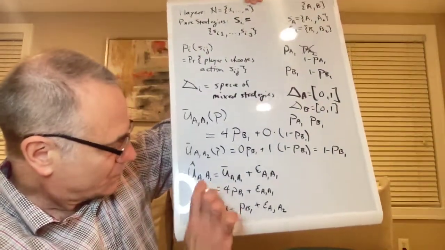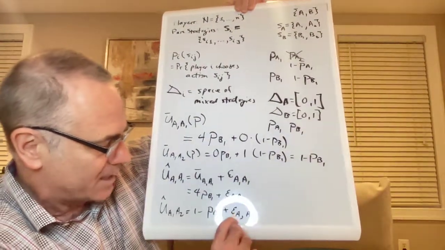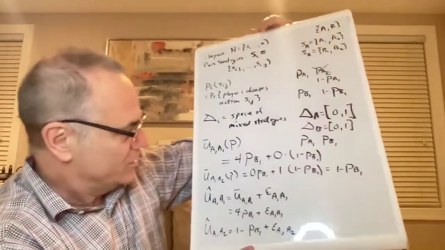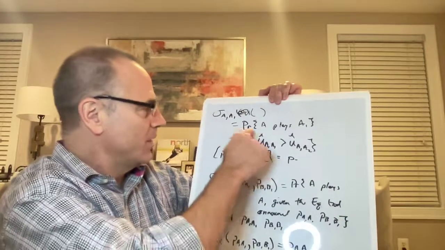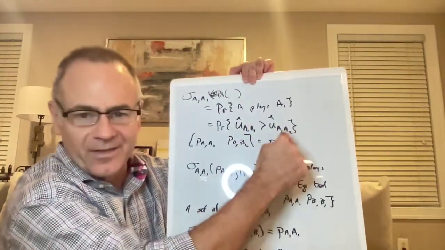Let me tell you what's going on here. We're going to have these epsilons, epsilon A, A1, epsilon A, A2, and we're going to use those to say what is the probability A plays A1. This is the probability that U hat A, A1 is greater than U hat A, A2.